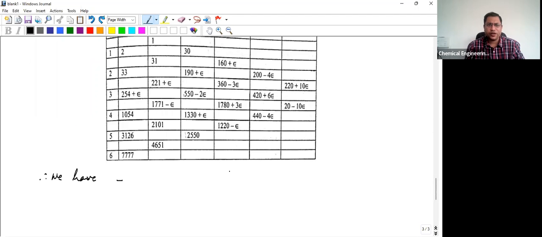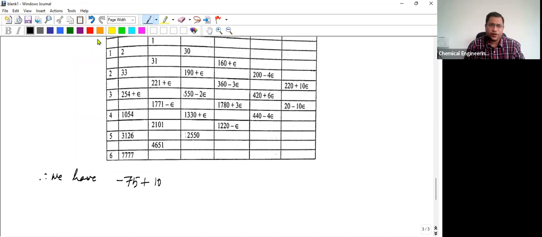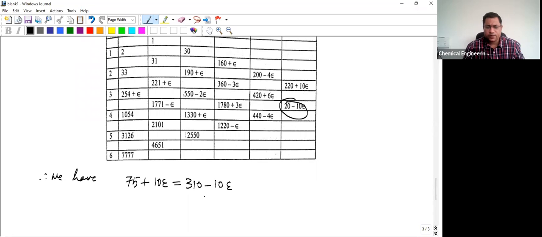Okay, so we need to be careful. It is going to be plus 75 plus 10 epsilon, which is equal to what this figure is? 310 minus 10 epsilon.